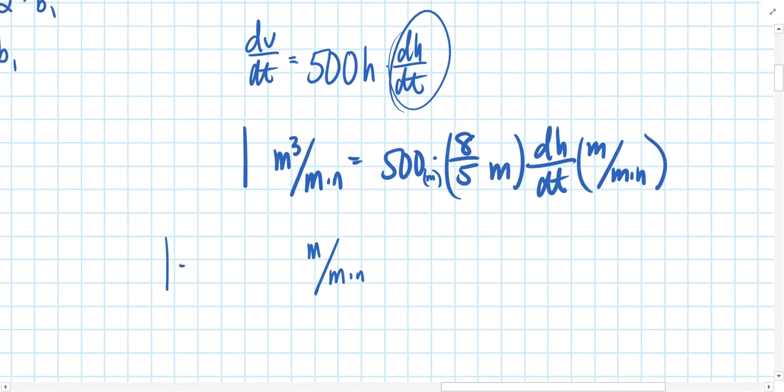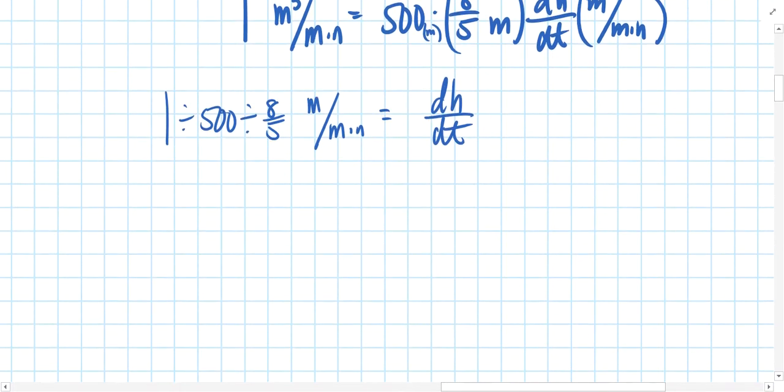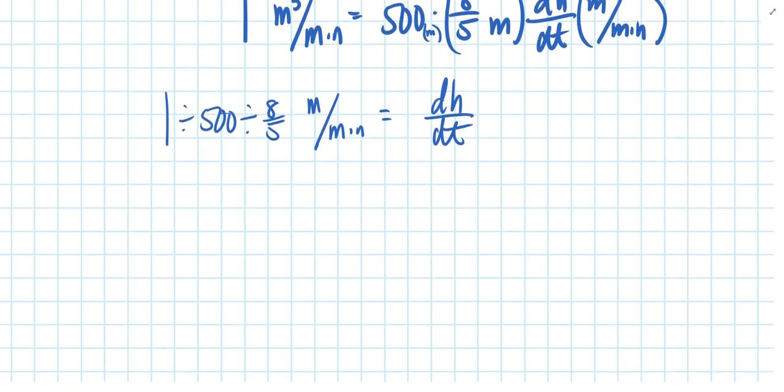So 1 divided by 500 and divided by 8/5 will produce a unit of meters per minute, which is perfect because dh/dt also requires a unit of meters per minute. And you can try to do this with mental math or use a calculator.